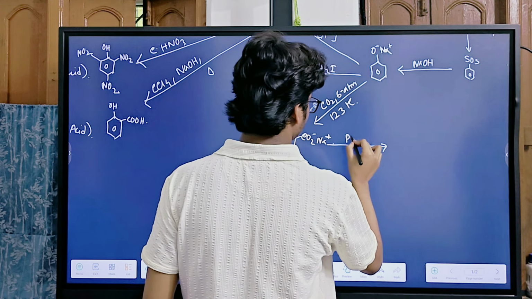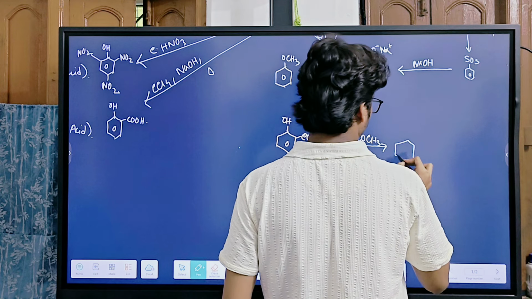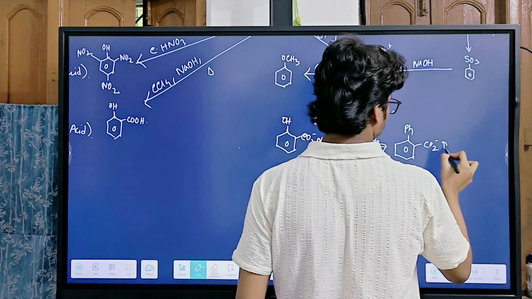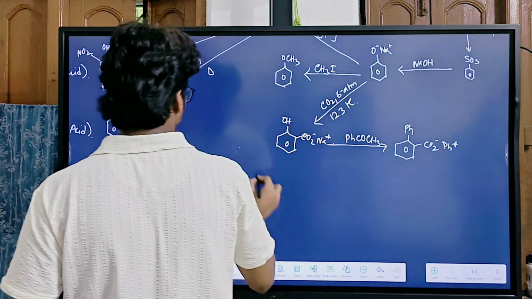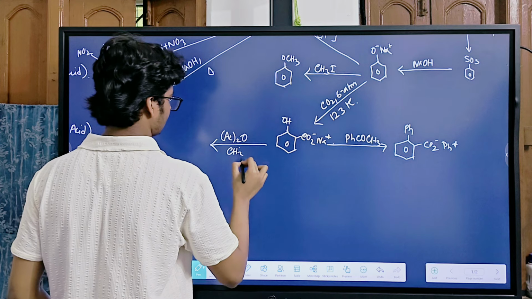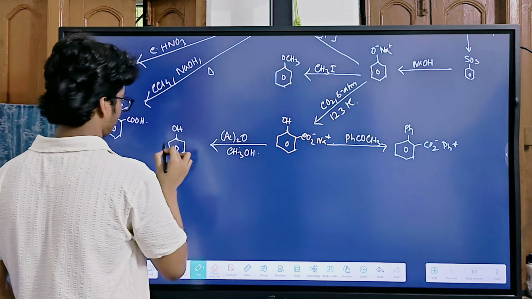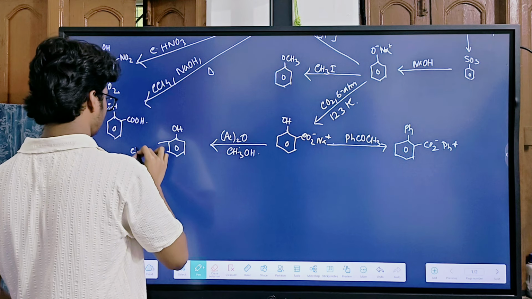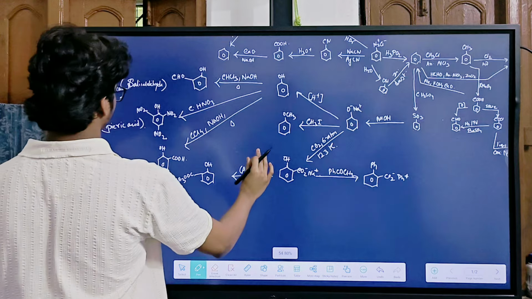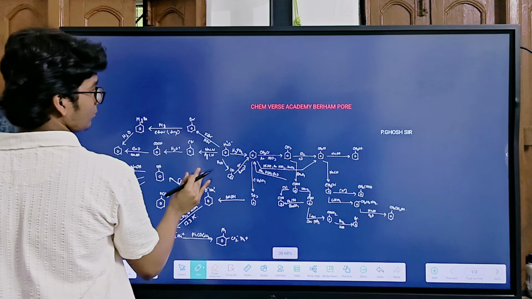We can add phenyl COCH3, which will lead to the formation of a compound important for your preparation. Another structure will lead to the formation of OH. Here it will be CH3CO. Now let's bring back to the top once more.